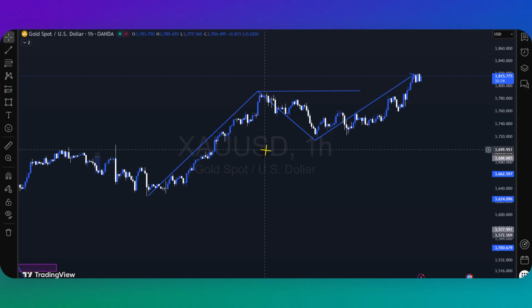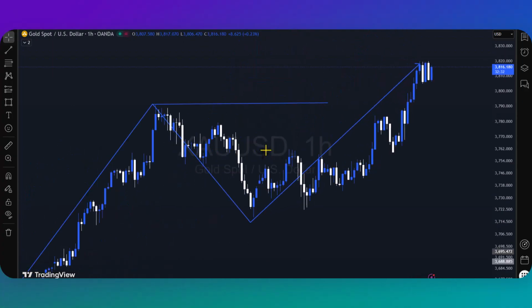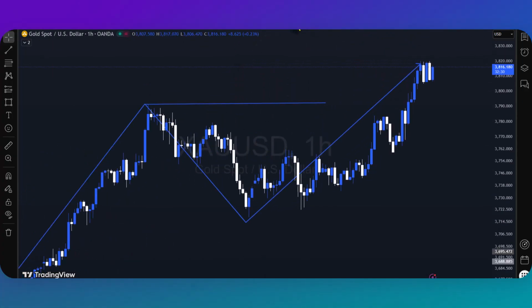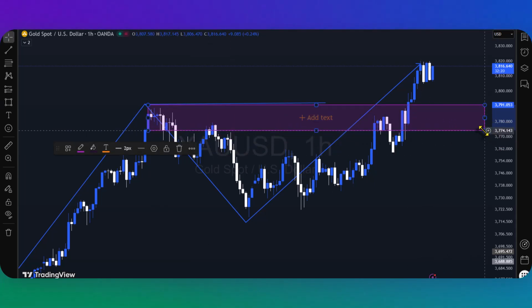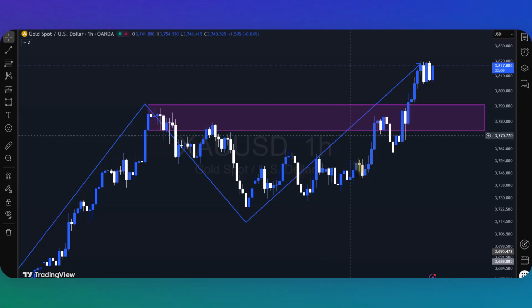It might be this zone. Let me draw it out. It might be this zone. So it's not exactly this exact line. No, it's like a zone. Support and resistance is like a zone, not a line.